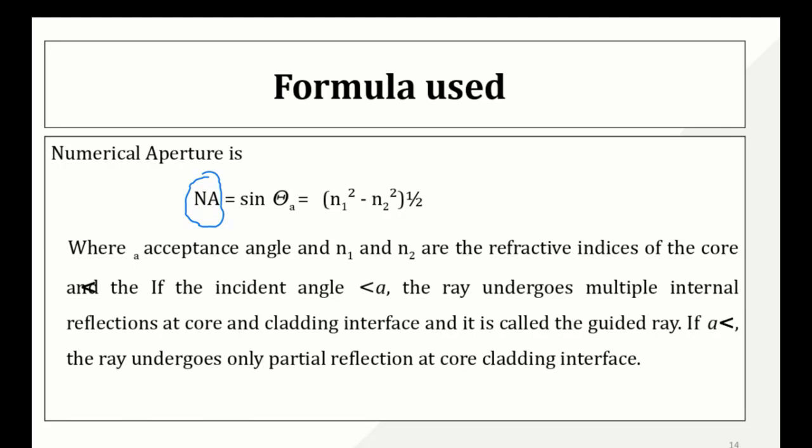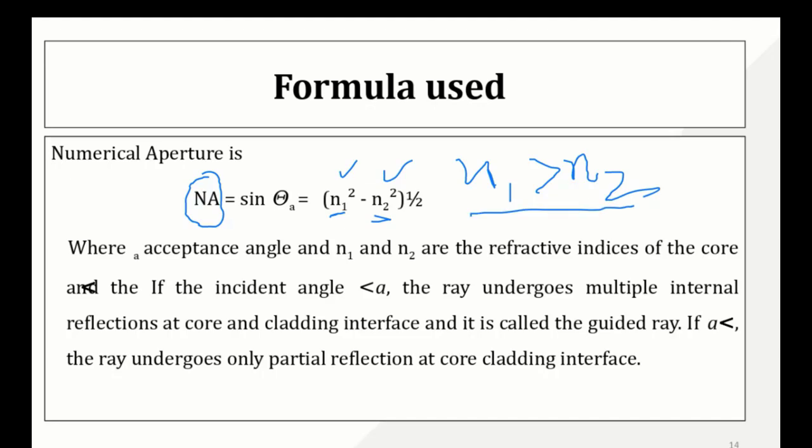This numerical aperture, equal to sine theta A, is also related to the refractive index of the two materials, the core material and the cladding. We always know that the core material has a higher refractive index than the cladding, because light has to travel from a denser to a rarer medium.